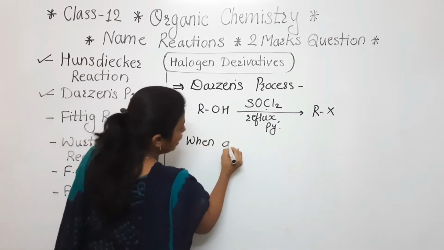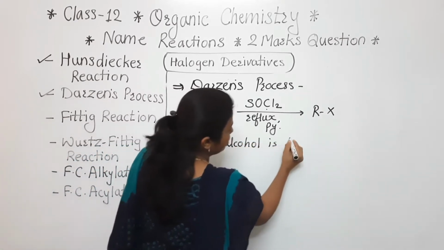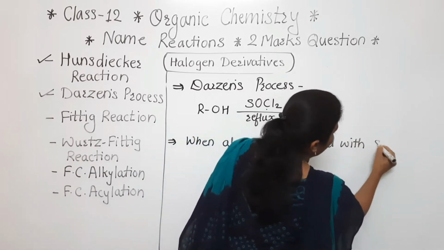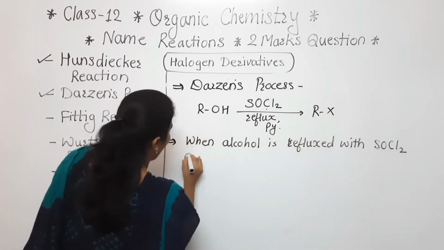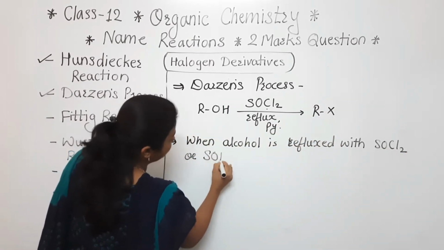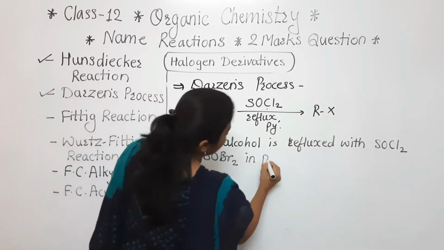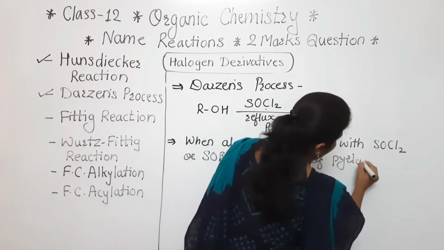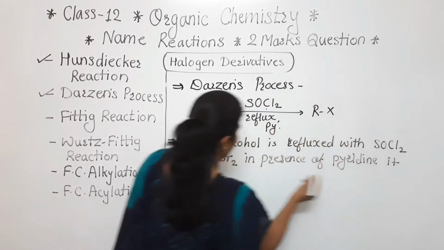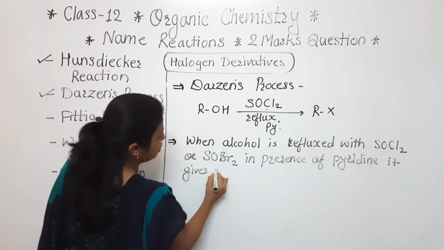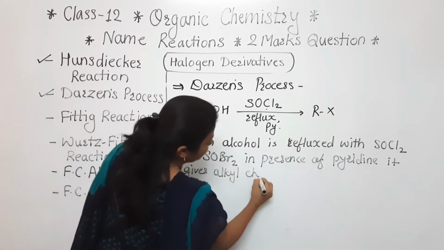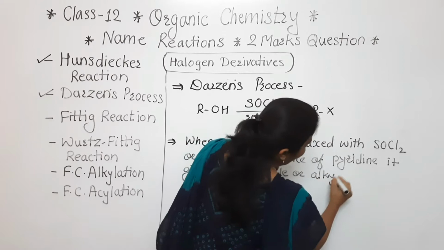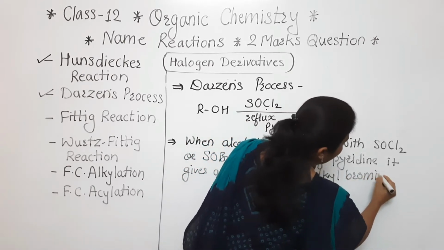When alcohol is refluxed with thionyl chloride or thionyl bromide in presence of pyridine, it gives alkyl chloride or alkyl bromide.